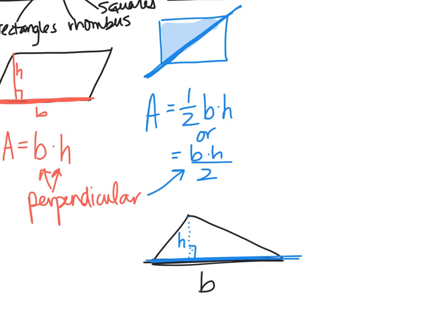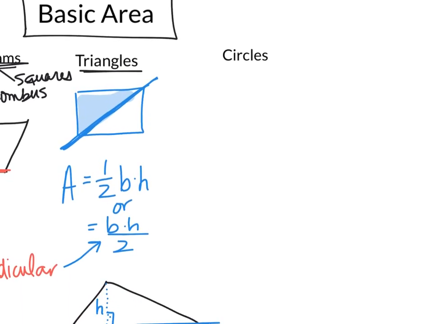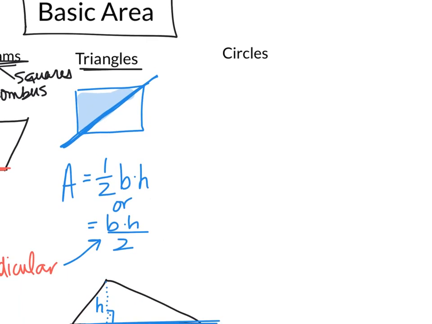All right, the last one that we want to talk about today is circles. And so we've done circles before, but we'll just touch on them again. So circles use radius for area, and so area is going to be pi r squared.